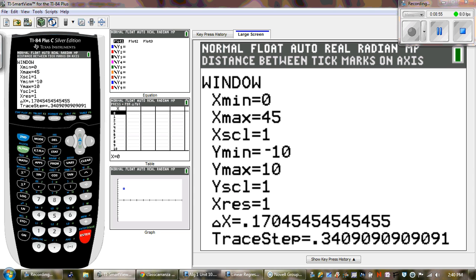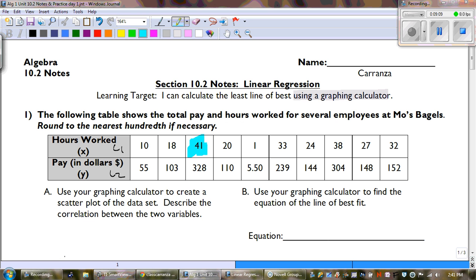Now my x scale is going to be 0. My y min is going to be 0. Now my y max, I'm coming back to this sheet and I'm looking for my highest y value, which is 328. And just like before, I want to go a couple higher, so it's going to be nice.